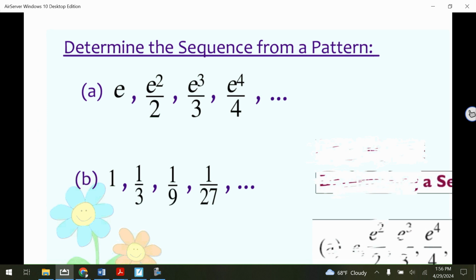So the way I do this is I am going to develop a little table that has me graph n and then a sub n for each sequence.